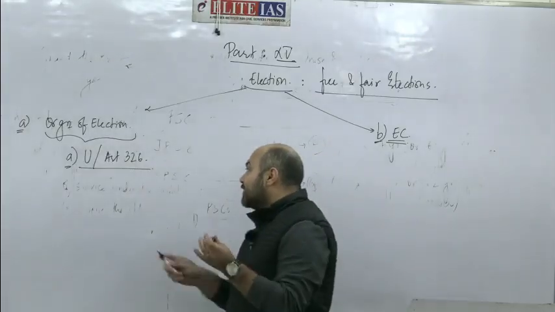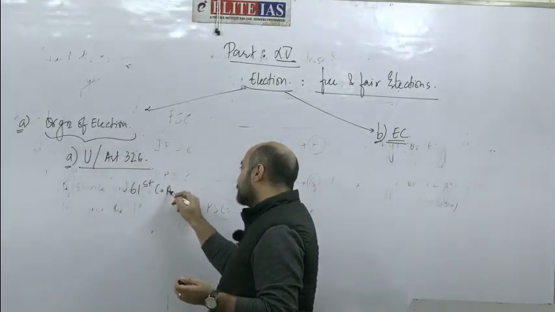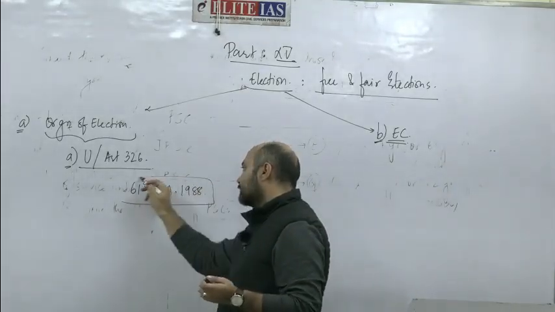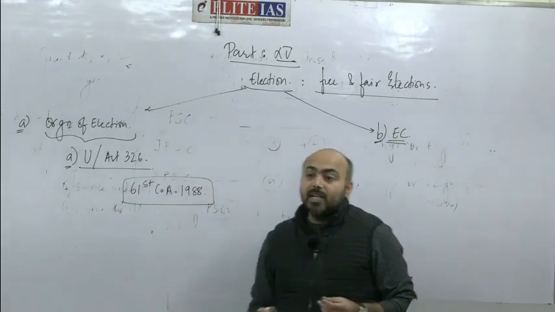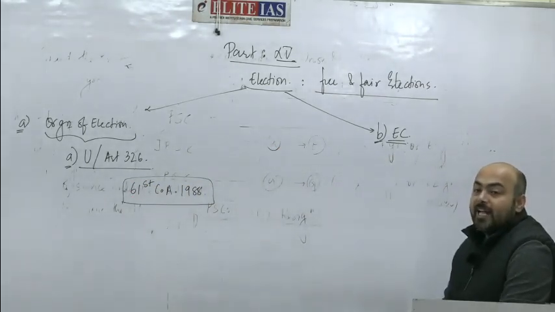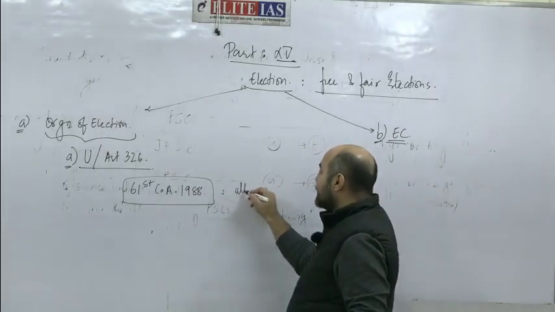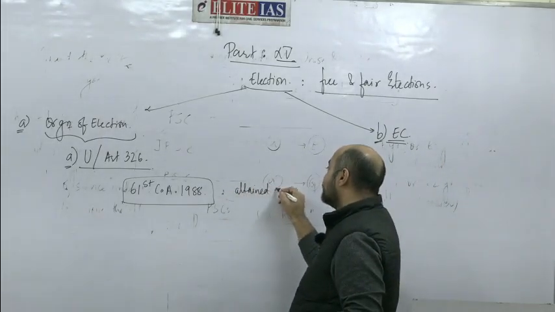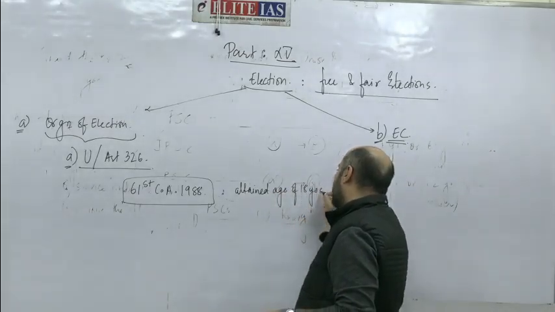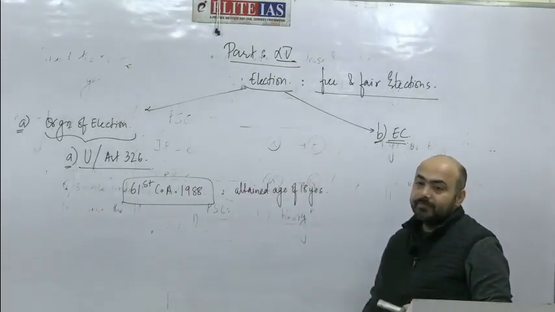This is after the 61st Constitutional Amendment Act, which was taken up in 1988. Now this means any individual who has attained the age of 18 years.